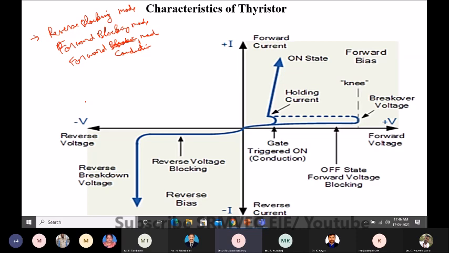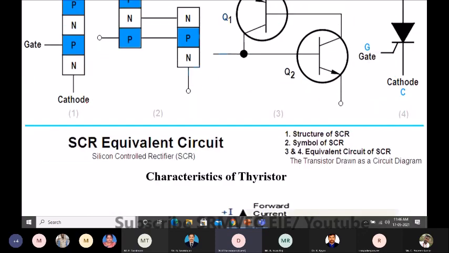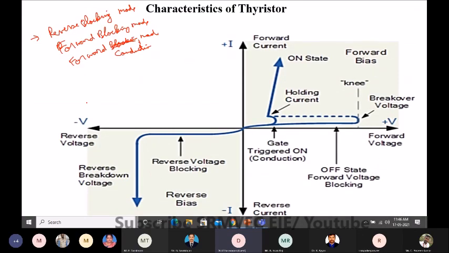Then forward conduction mode: that junction is changed by applying your control, that is your gate control itself, so the current conduction takes place. Here you can see that you can trigger by gate, or otherwise by your forward voltage. This is called breakover voltage, the higher voltage at which depletion of carriers takes place at the J2 junction.